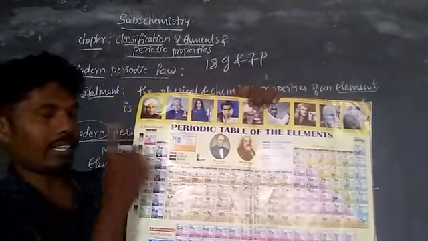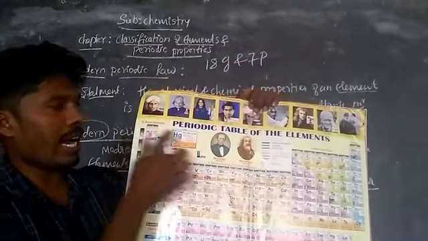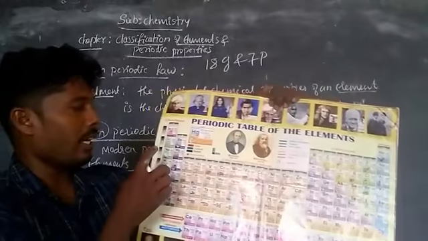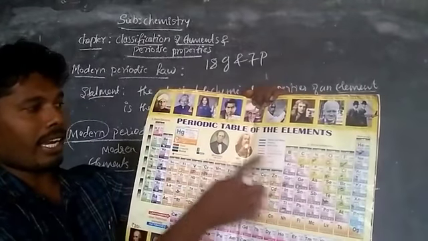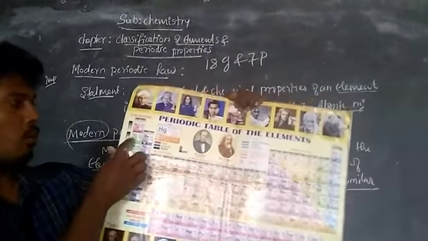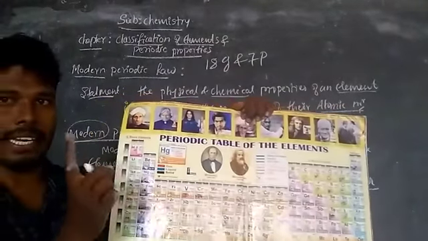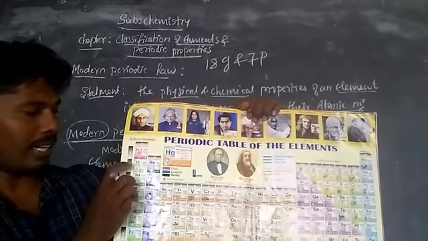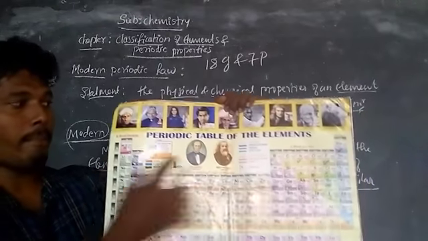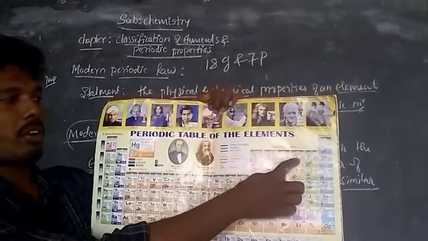Now the first period, second, third, fourth, fifth, sixth, seventh. In the first period there are 2 elements only, hydrogen and helium. In the second period there are 8 elements: 1, 2, 3, 4, 5, 6, 7, 8. That is lithium, beryllium, then boron, carbon, nitrogen, oxygen, fluorine, neon.